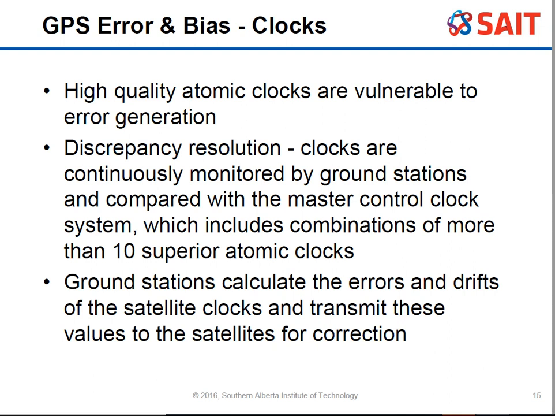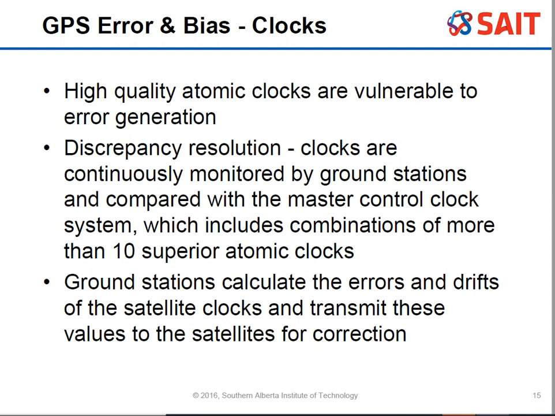Okay, so another error is the clocks. Atomic clocks can have some errors, because even though they're super high quality and super expensive, they can have errors. Everything has errors. So when these clocks have errors and they show that they're having errors, then the master control system can help with adjusting it.